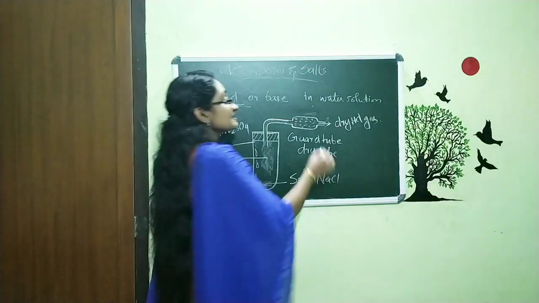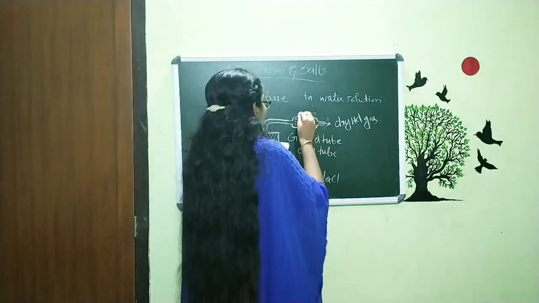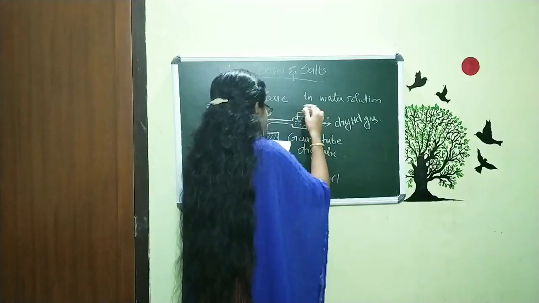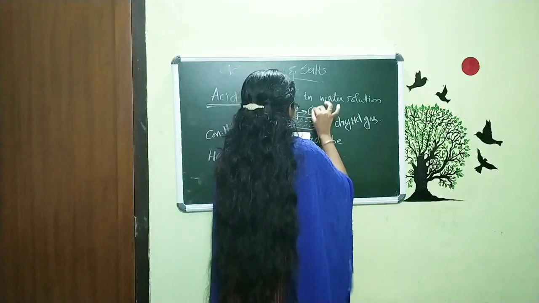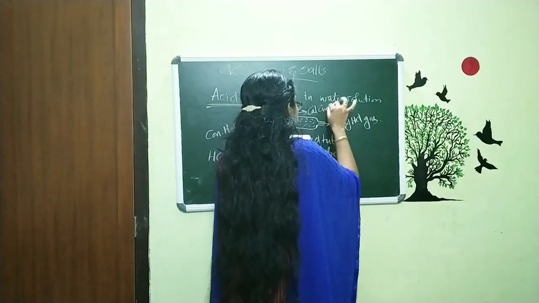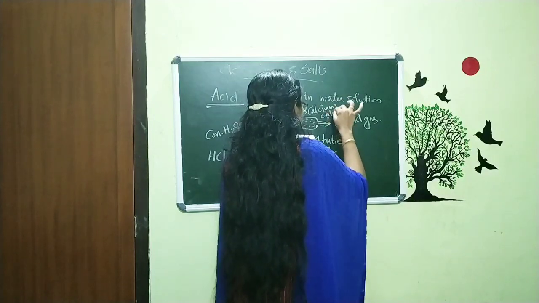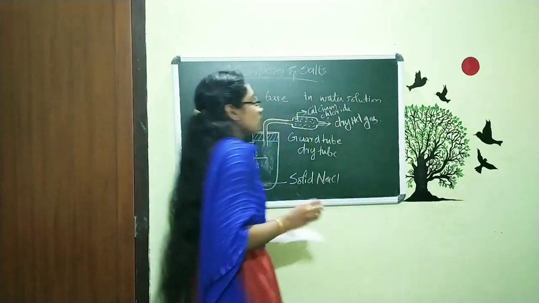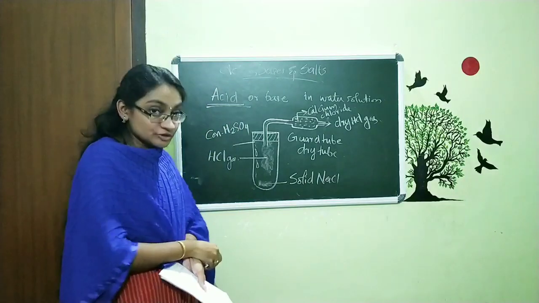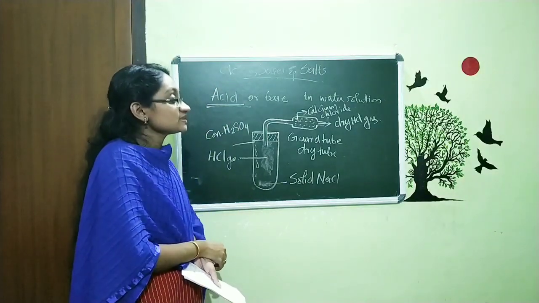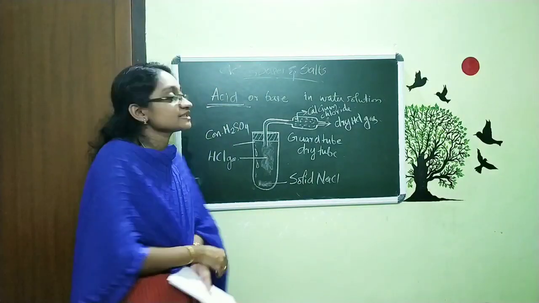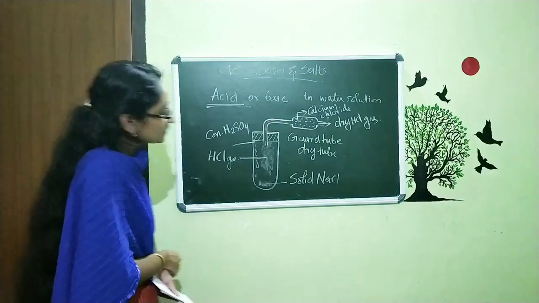The name is this guard tube, and in this, calcium chloride is filled, and the application of this is to absorb the water content in this gas. I hope it's clear.